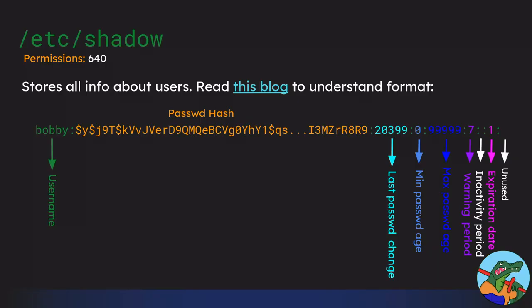So the gist is passwords are important. We want to store them in a secure way. We want to store them in a way where it doesn't actually tell us what the password is, but we can still verify that if someone entered their password, it's the correct password. To do this, we use an algorithm called a hashing algorithm, which basically maps a password to a specific hash. The point is, it's really easy to go from password to hash, but it should be impossible to go from hash back into a password.